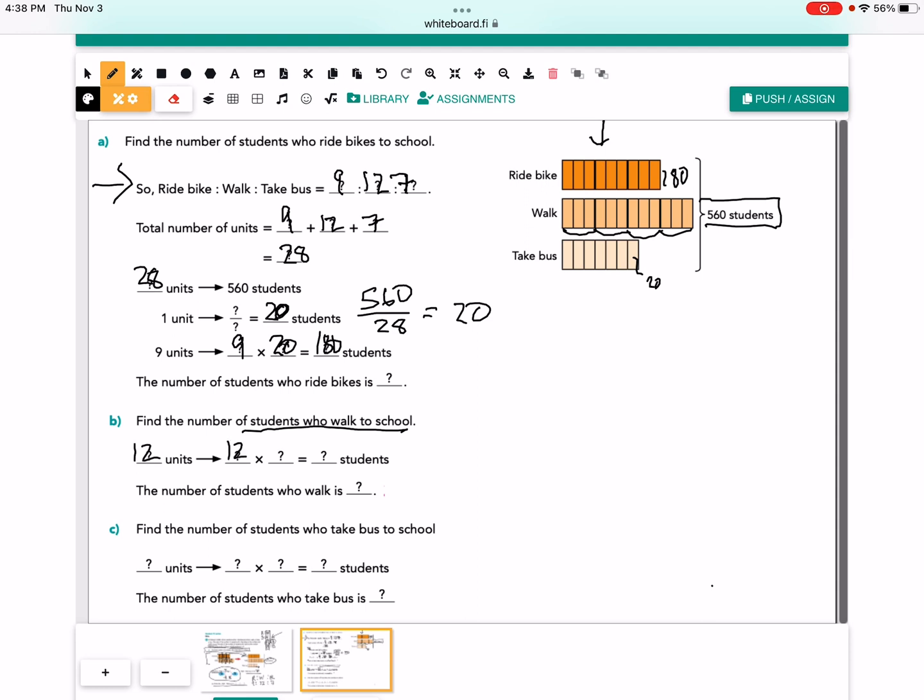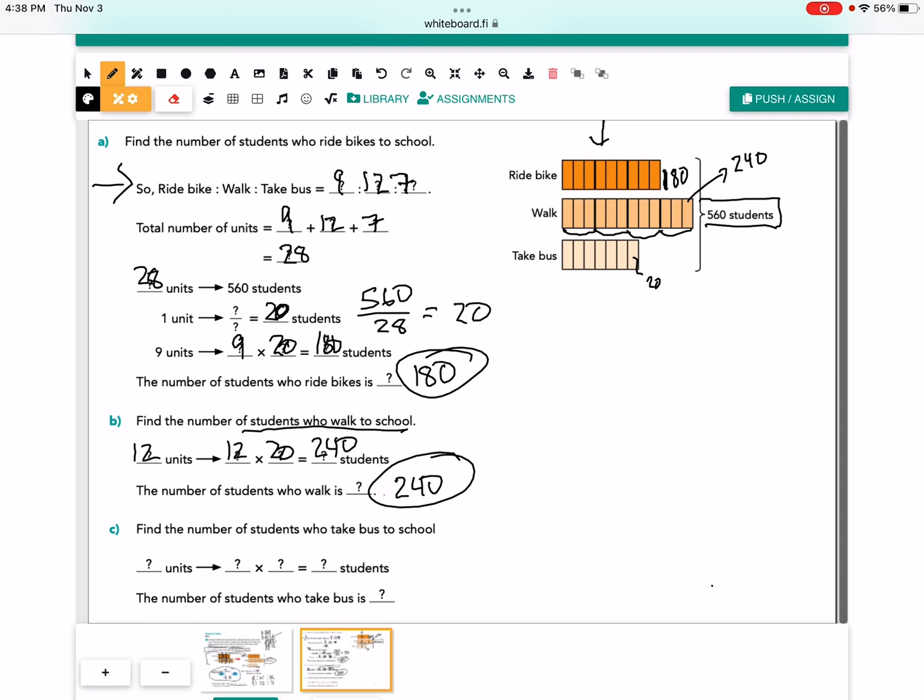And so we're going to multiply those 12 units times 20 students in each and get 240. So the number of students who walk is 240. And let's go ahead and put the number of students who bike up here too. That was one of the answers we were asked for. 240 is another. And we'll just put an arrow here, 240, so we can keep it straight. That one of mine looks like a 2, so let's make sure it's 180.